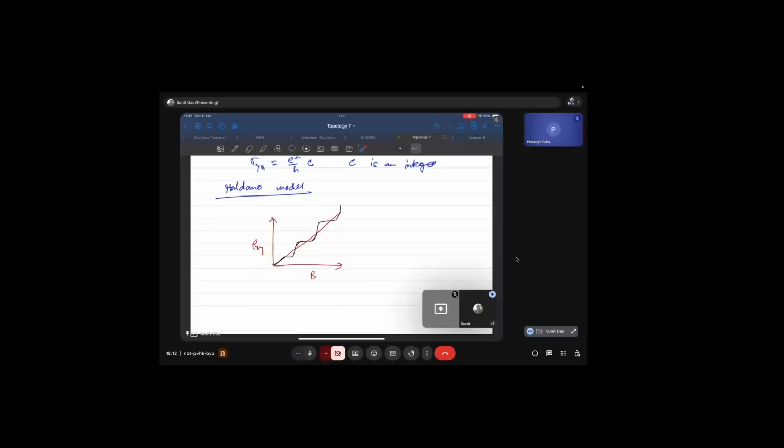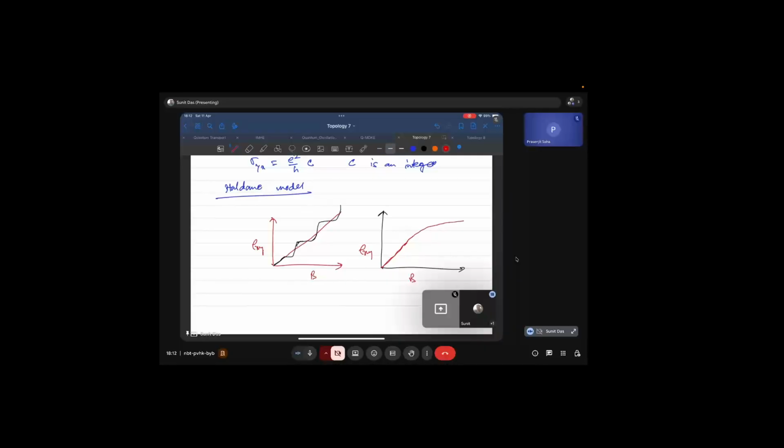Now what we are trying to understand is the following. In ferromagnetic materials, once you plot this rho xy versus B, of course you will have an increase from the conventional Lorentz force effect, but then after a certain point it saturates. It looks something like this.